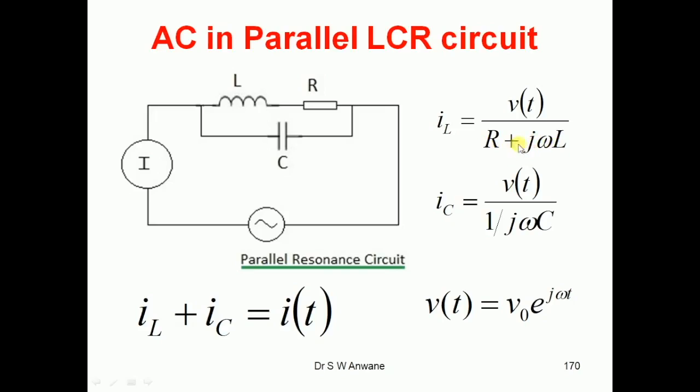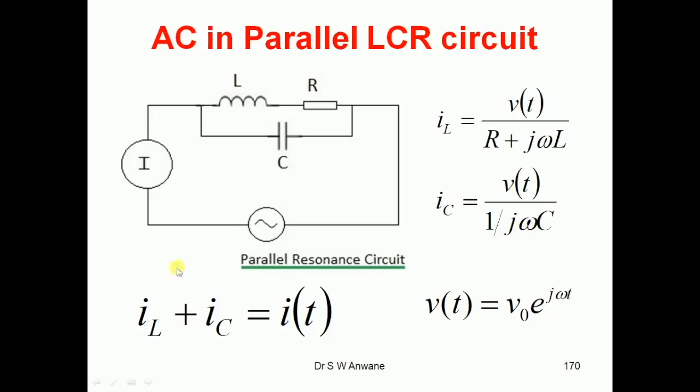Now R plus j omega L will be the complex impedance of series combination of L and R, and the complex impedance by capacitor will be 1 over j omega C.